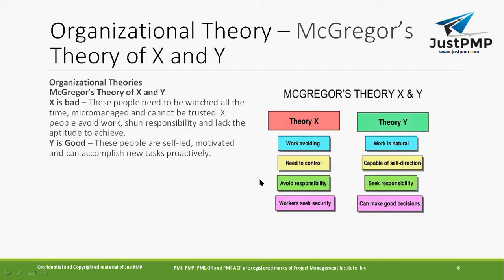So it's just like work avoiding. You need to control these resources, they avoid responsibilities, and the workers seek security. Those resources look for security. Mostly if you see in the construction type of work area, in the building, the worker will be working.